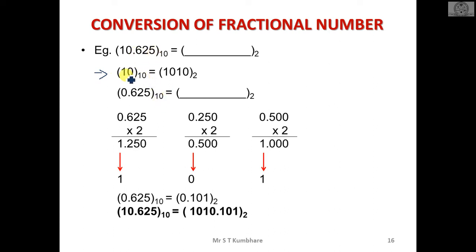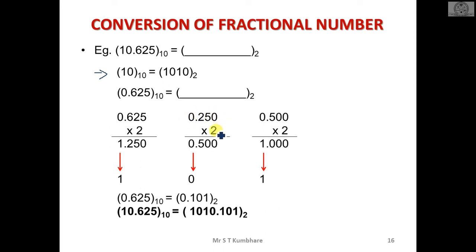How to do it? Here we divided, now here we'll multiply. So 0.625 into 2. Why 2? Because I want it in binary. So 0.625 into 2 is 1.25. As soon as an integer comes before the point, you have to take it out. So 1. Now this 0.25 will go to the next step.